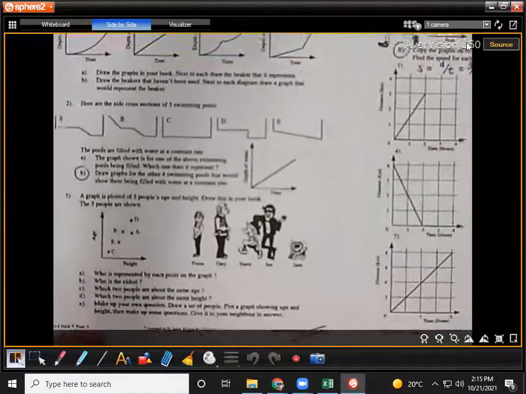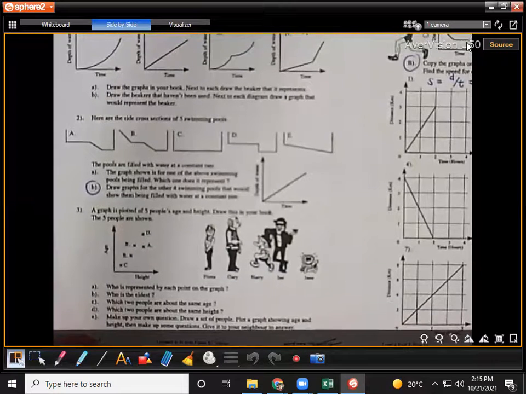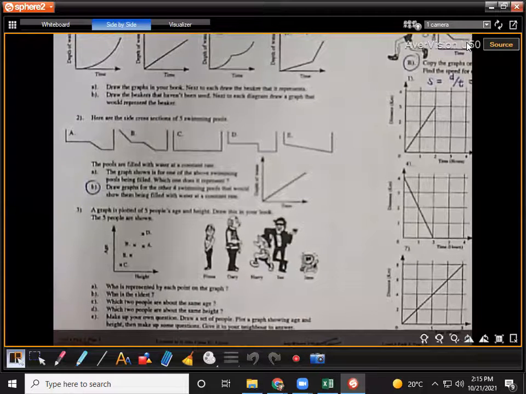Right, let's look at pool B, the last one. We're nearly done with these questions. Pool B. Do we notice that the first part of pool B is the same as pool A? So we can just copy that bit, which was quite a flat curve. And then what happens for the second part of pool B?